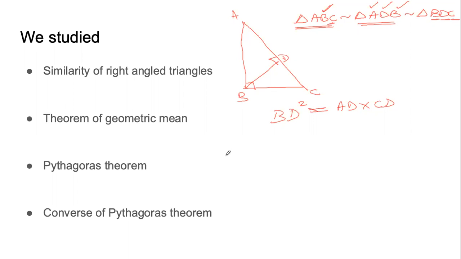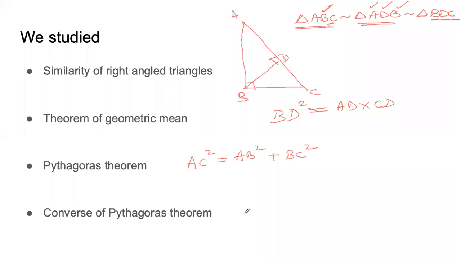Looking at the same triangle, Pythagoras theorem says the square of the longest side, which is opposite to the 90-degree angle and is called hypotenuse, in this case AC, will be equal to the sum of the squares of the other two sides of the triangle, that is AB square plus BC square.